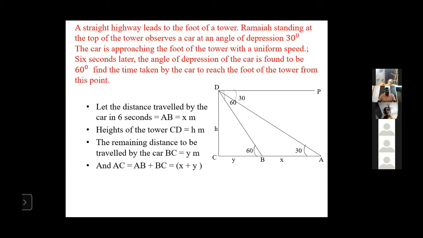Here, AC is equal to AB plus BC, it is x plus y. And here, angle PDA is equal to angle DAB is equal to 30 degrees. I have already told you these are Z angles.